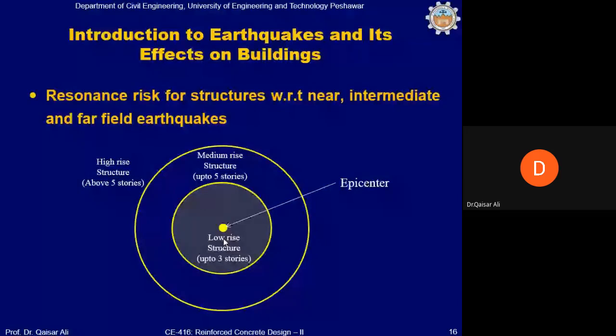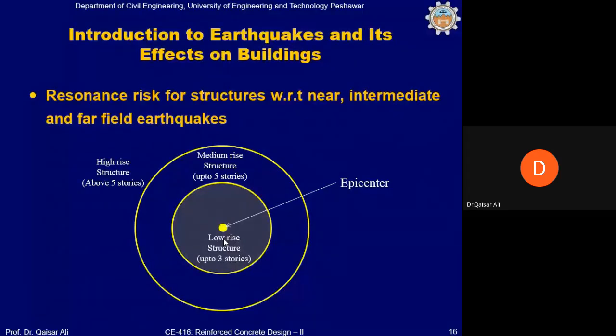So if structures up to 3 stories exist in the near field region, the possibility of resonance is very, very high, and they are susceptible to heavy damage and probably collapse even if hit by a low amplitude earthquake.